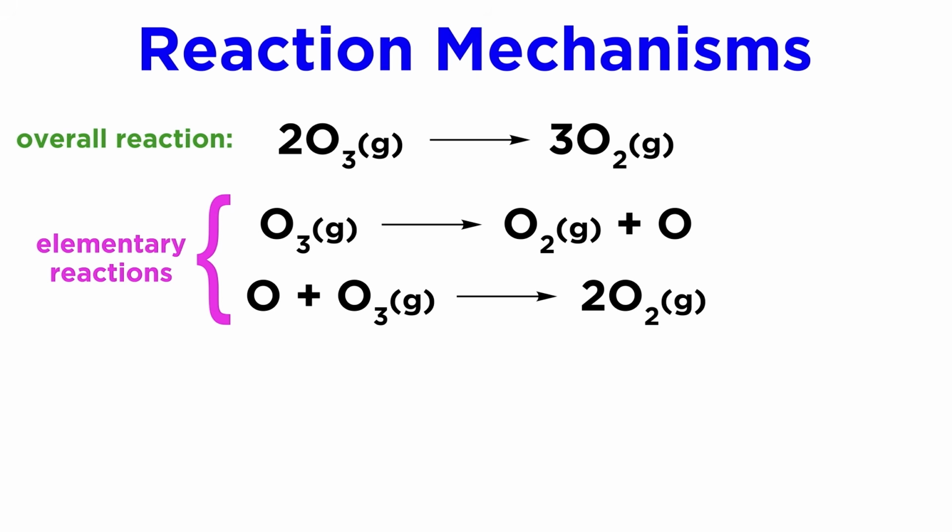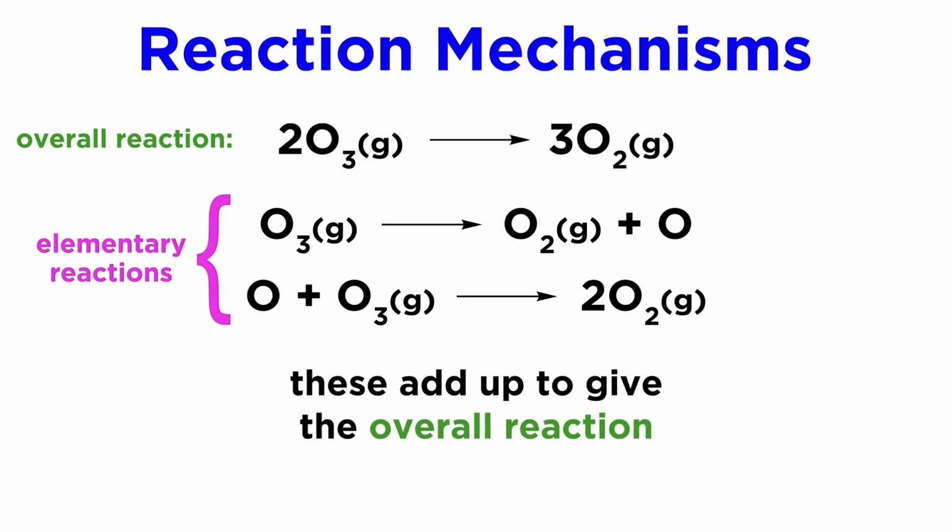Each of these steps will be referred to as an elementary reaction. These occur exactly as written and cannot be broken down further into simpler steps. These elementary reactions add up to give the overall reaction, which in this case would show two ozone molecules yielding 3 molecules of diatomic oxygen.